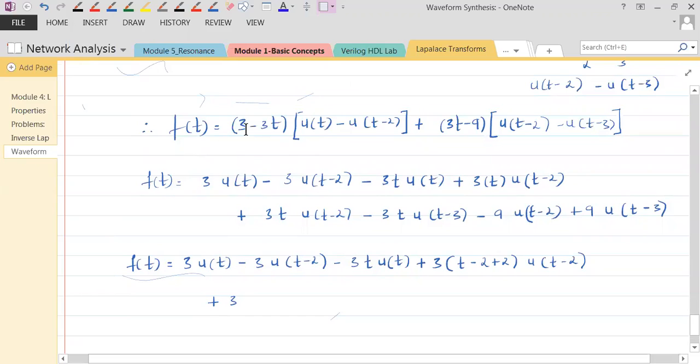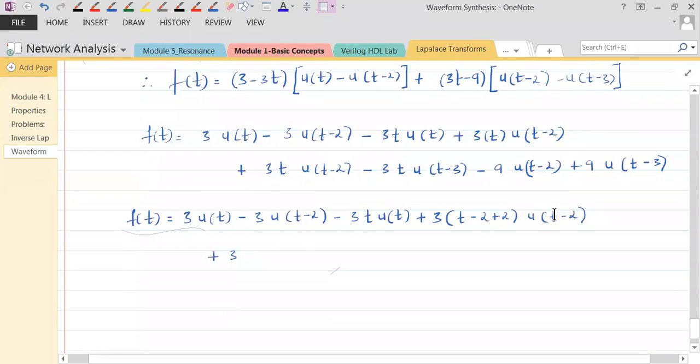Just see that 3 into u(t), then minus 3t u(t), plus 3t u(t). That's fine. Then this is plus 3t u(t-2). So it would become 6, right? So these two are the same. It's as good as doing this, everybody. So you have two such terms.